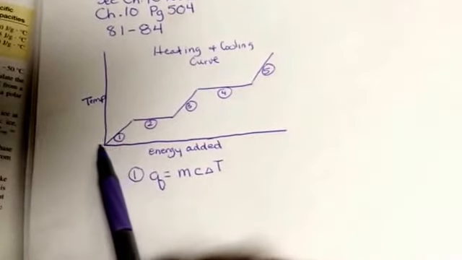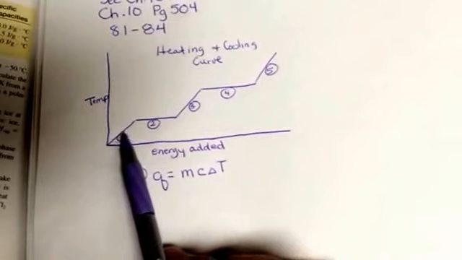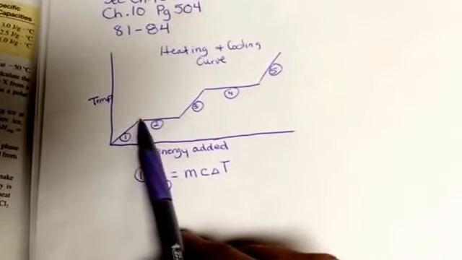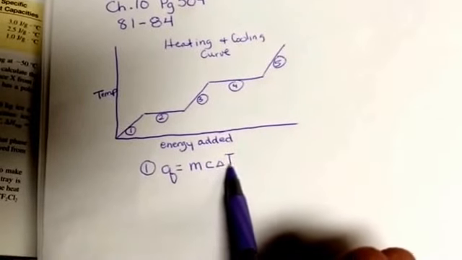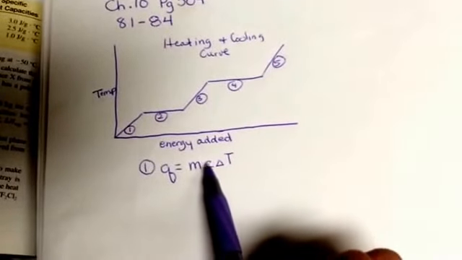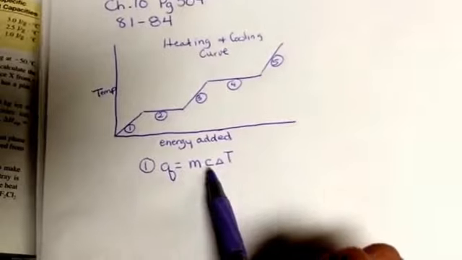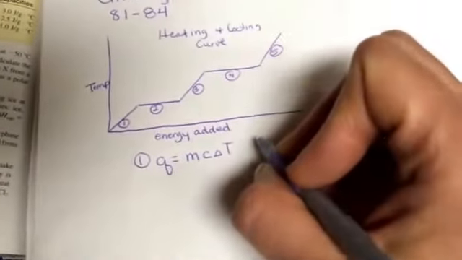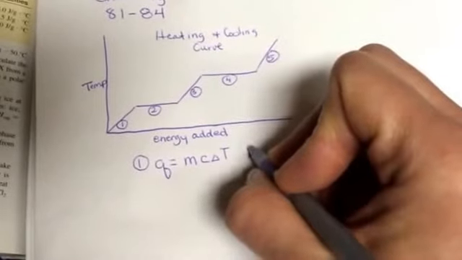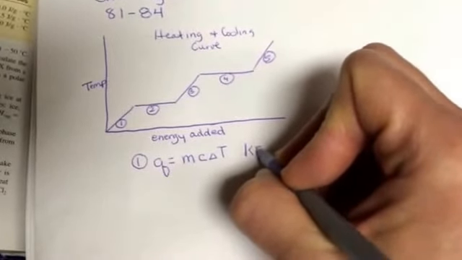If you look at the curve, you're starting at a low temperature and going to a new, higher temperature. Anytime you have a temperature change and you know the mass and the specific heat of the substance, you can use Q = mcΔT. This also represents the fact that the particles here are changing their kinetic energy. Just want to note that.